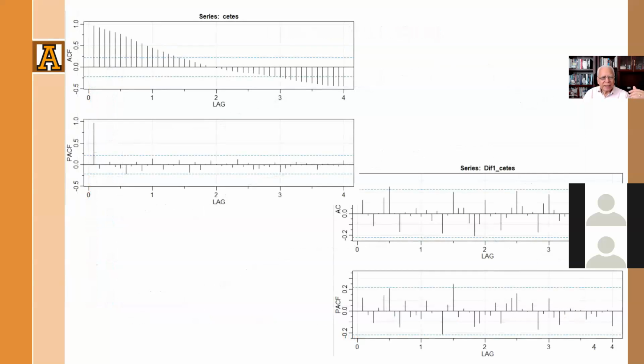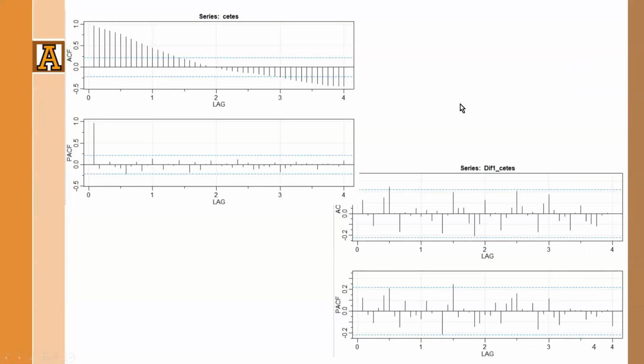This is the ACF of the series. That's the ACF of the original series and the partial autocorrelation function, and this is the ACF of the difference of the series and its partial autocorrelation function.